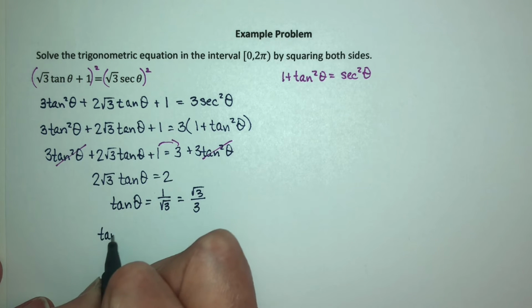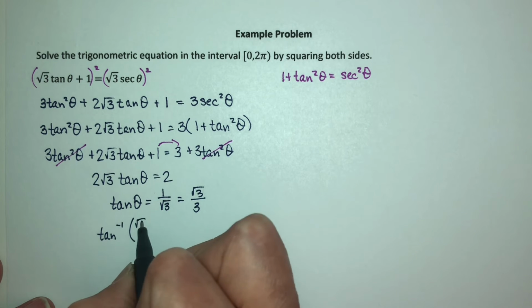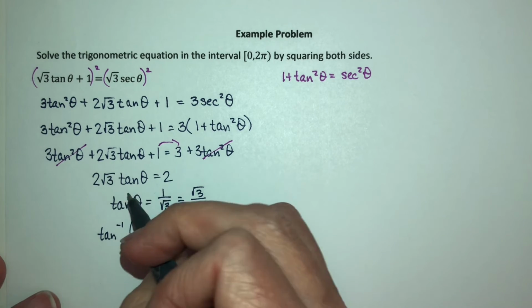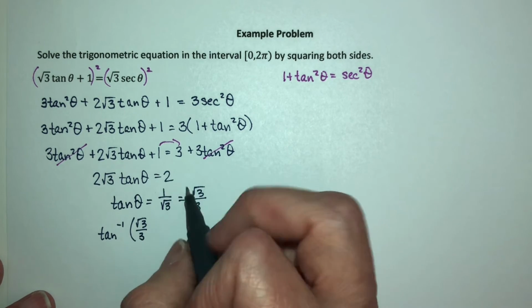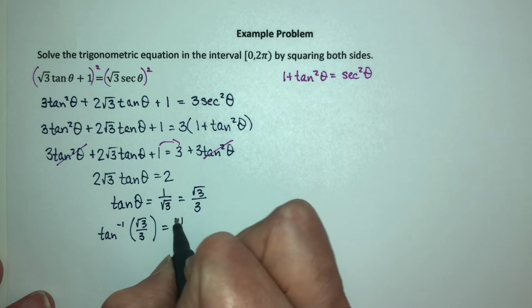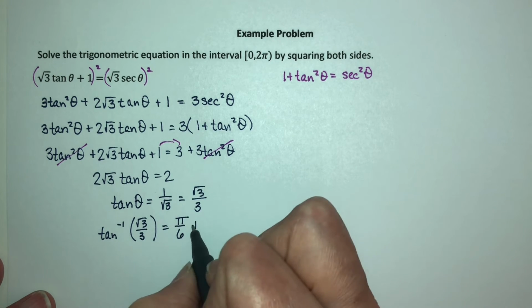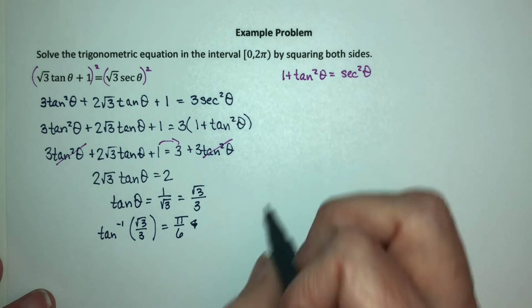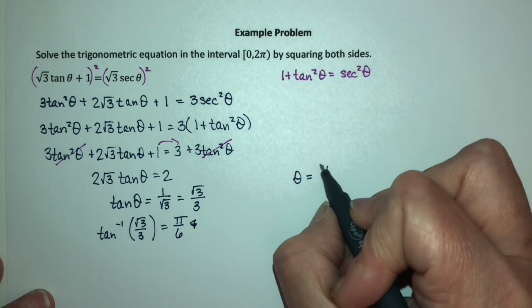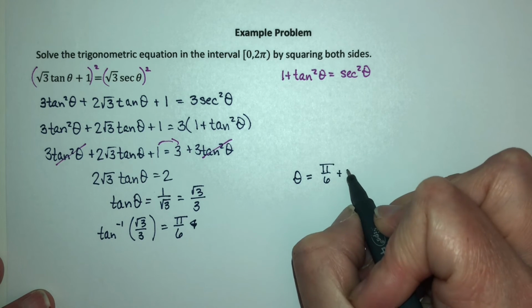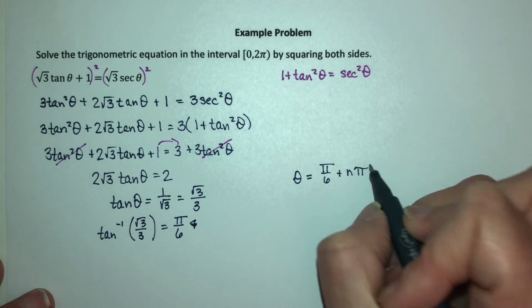So inverse tangent of square root 3 over 3 is pi over 6. Plus is pi over 6. So theta would equal pi over 6 plus n pi.